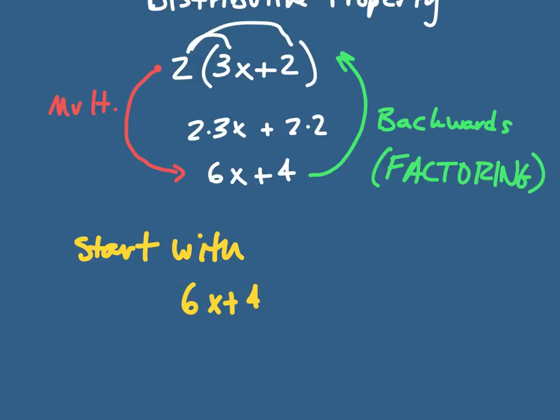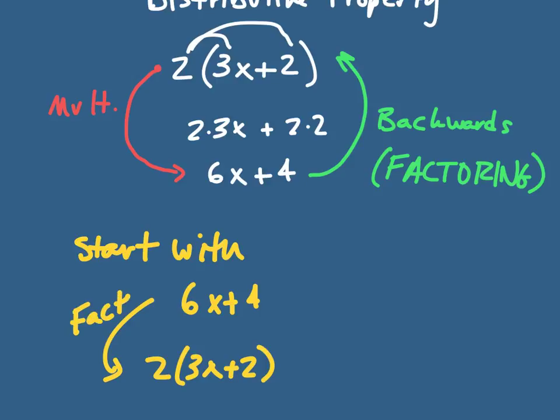So I could factor out a 2, and I'm doing the opposite of the distributive property. If I factor out a 2, think about what's left over. 2 times what would give me 6x? That would be 3x. 2 times what would give me 4? That's positive 2. So this I have factored, and this is the opposite of the distributive property.